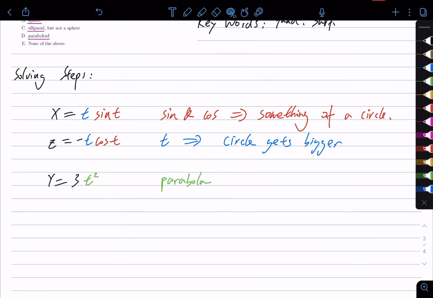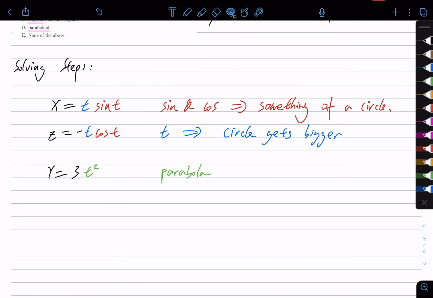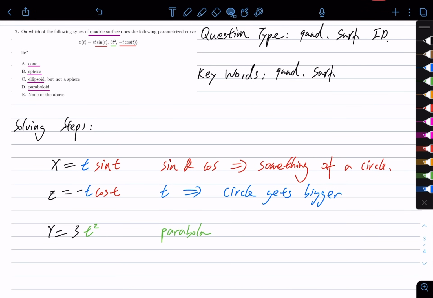So we have something of a circle and then a parabola, right? So that tells us the parameterized curve lies on a quadric surface that has a characteristic of a circle as well as a parabola, right?